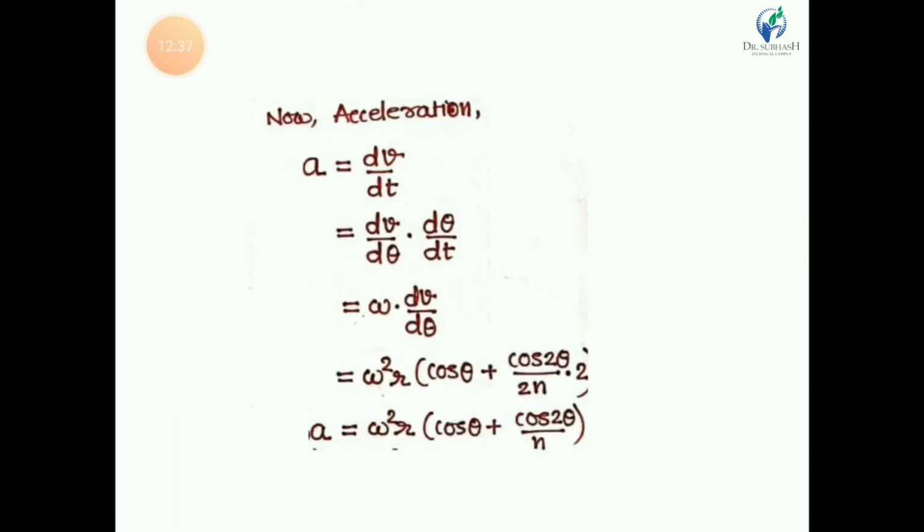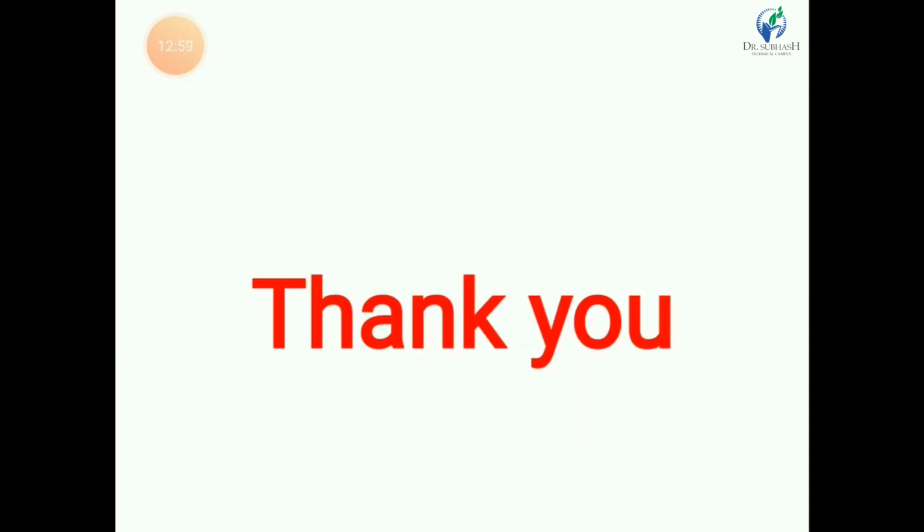So we get acceleration equal to omega square into R in bracket cos theta plus cos 2 theta upon n. Maximum acceleration is equal to omega square into R. We know that acceleration becomes maximum at theta equal to 0 degrees. Thank you.